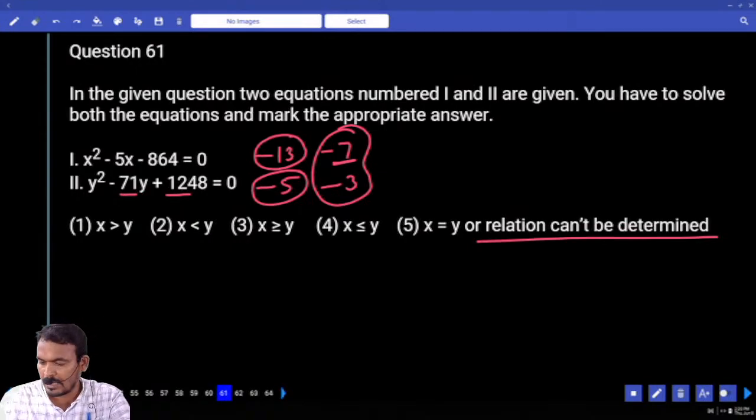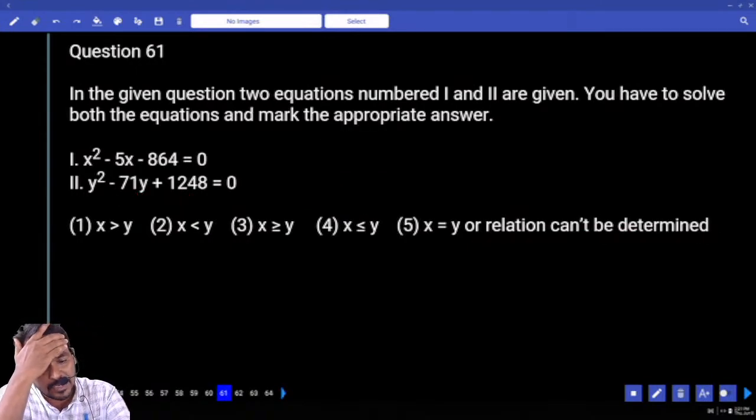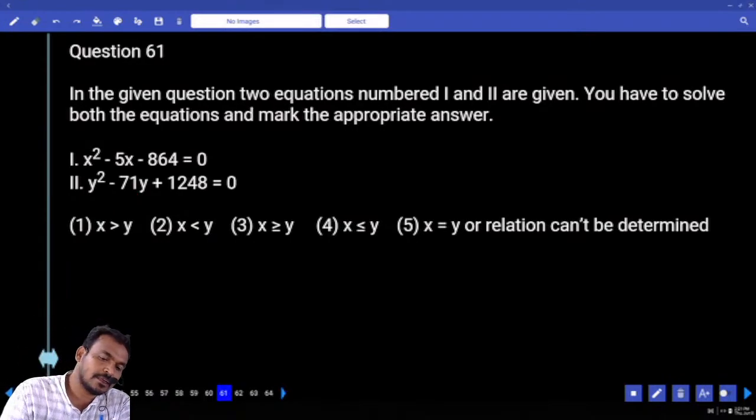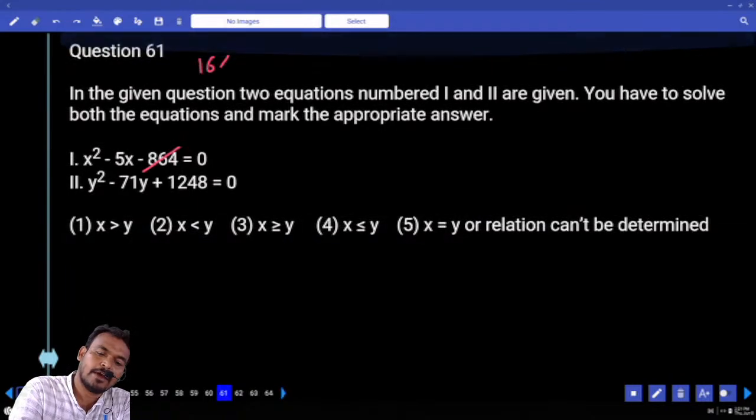Next 61. X square minus 5x minus 864 equal to 0. 864. What is the half of 864? Both are in 16 multiple. 16 how many times? 5 times.